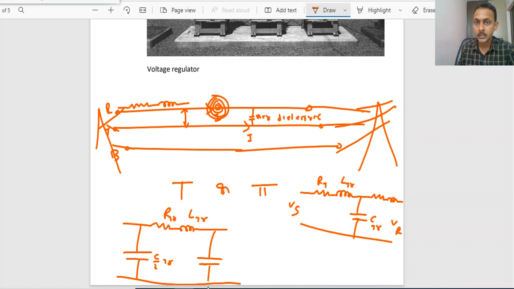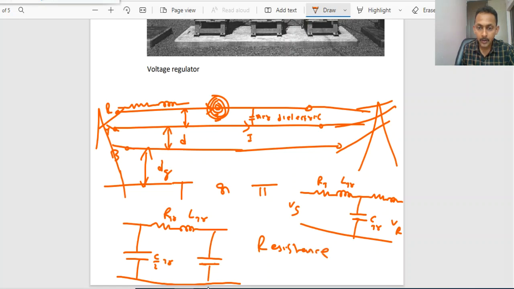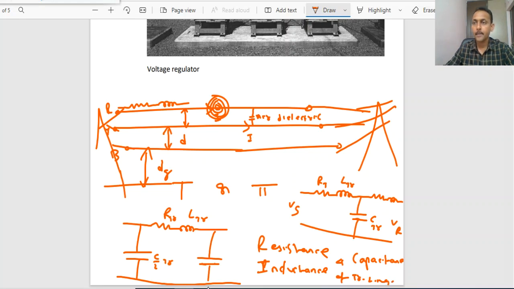So many other parameters will come into the picture: whether the lines are transposed or not, symmetrical, unsymmetrical, bundled conductors, the clearance to the ground, at what height it is with respect to the ground, the distance between each two conductors, the distance from the ground, and so many parameters will affect the resistance, inductance and capacitance of transmission lines, right?